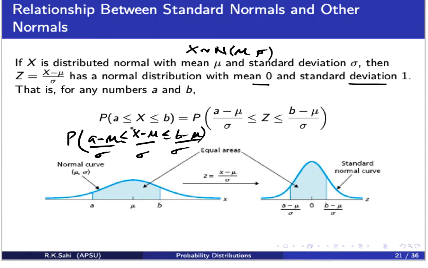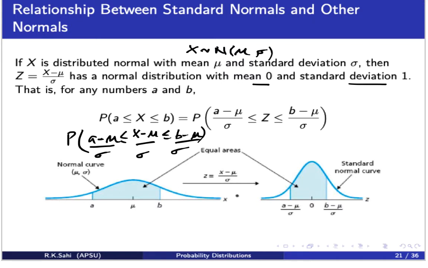So this X minus mu over sigma is nothing but Z. And remember, what is the meaning of probabilities? That is the area under the curve. So it doesn't matter if you're talking of a normal distribution with a mean which is not 0 and standard deviation not 1. The area under the curve is exactly the same as when we apply this transformation Z, which is X minus mu over sigma. The areas are the same.